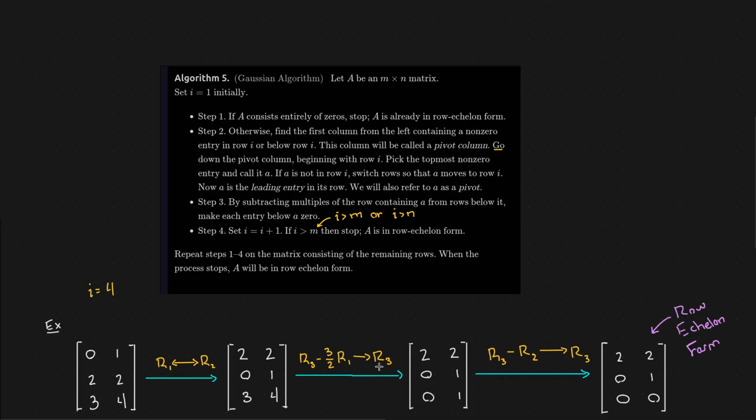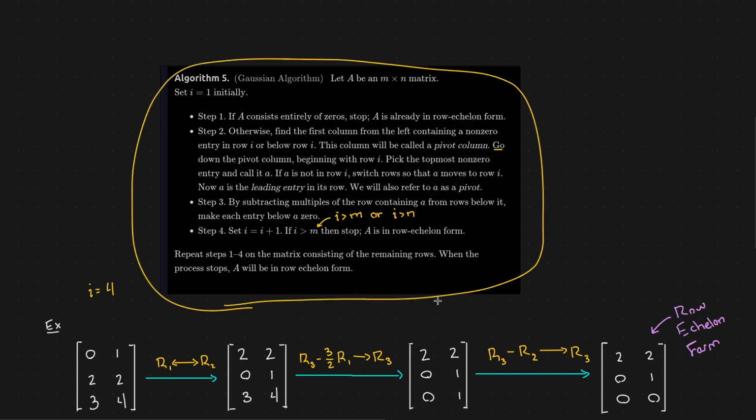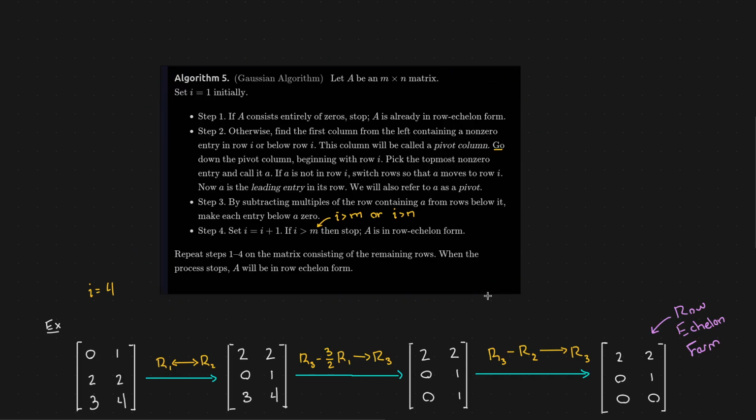So this Gaussian algorithm, we're not learning it because we're necessarily going to use this every time we transform a matrix into row echelon form. It's kind of tedious to follow this exactly, right? Using our human intuition is a little bit easier than following the algorithm exactly.